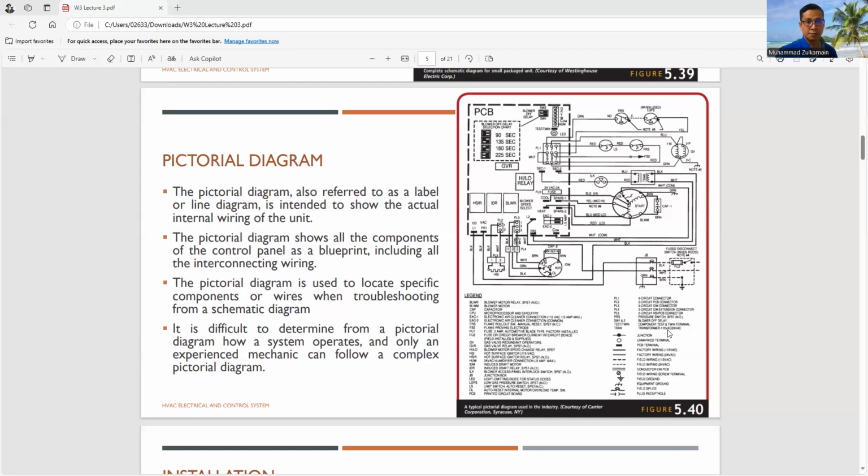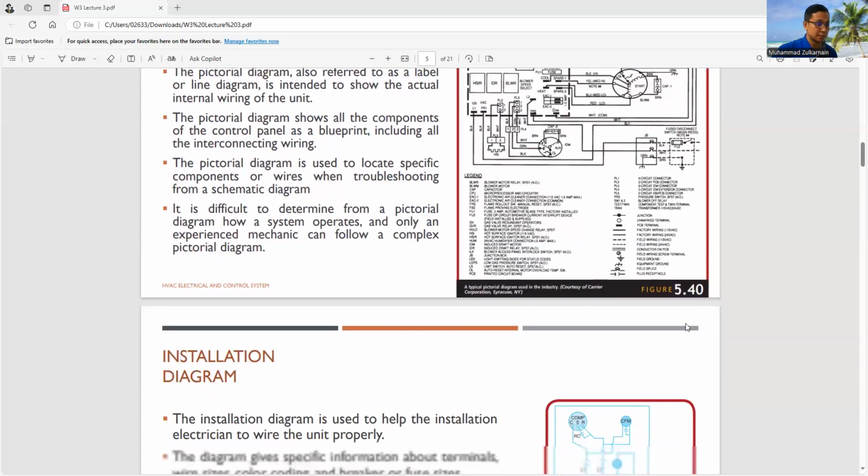If you have experience in circuit diagrams, maybe you can read the pictorial diagram easily, because it shows and provides all the components inside the circuit.